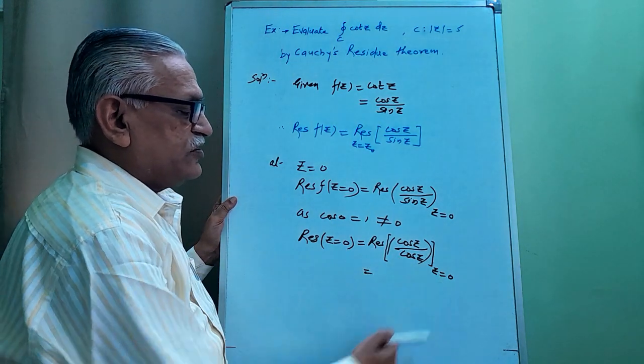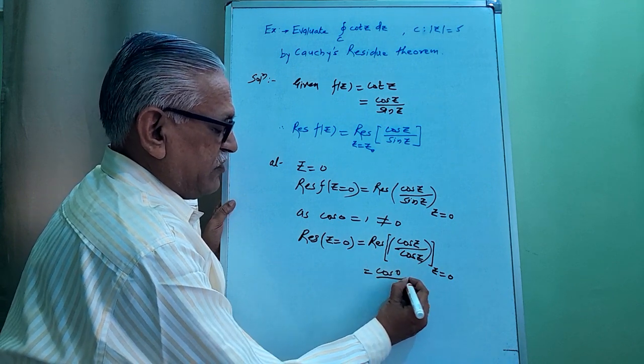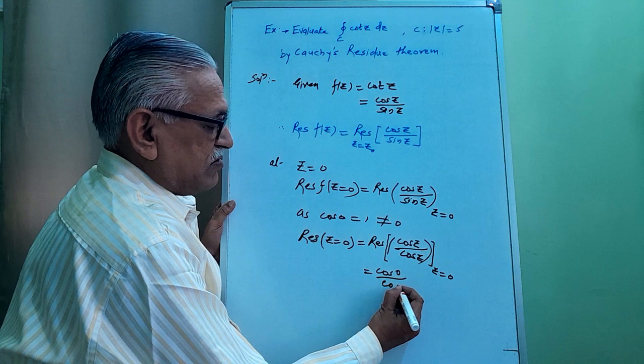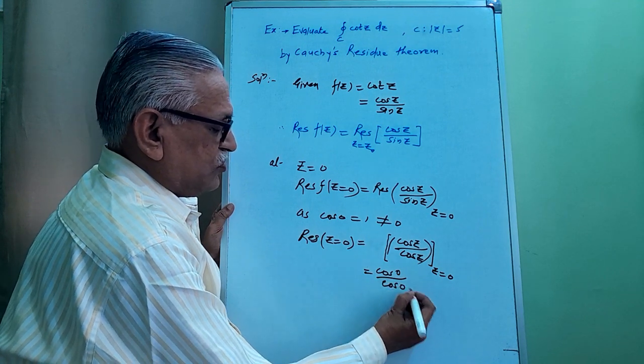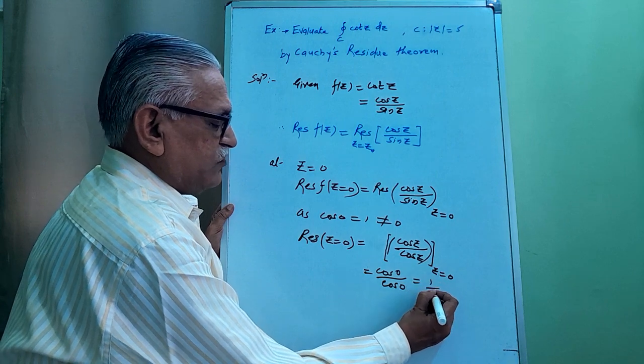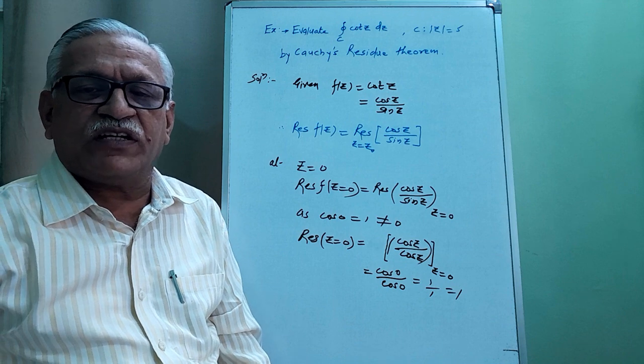Substituting z as 0, we get cos 0 divided by cos 0. Cos 0 is 1, so 1 by 1 we get that value as 1. This is the first residue at the point z is equal to 0.